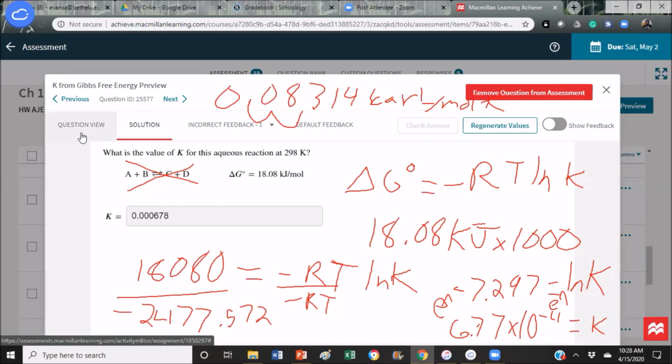They didn't put it in scientific notation, but it's 3 zeros and a 6 7. And they rounded up. Don't know why.